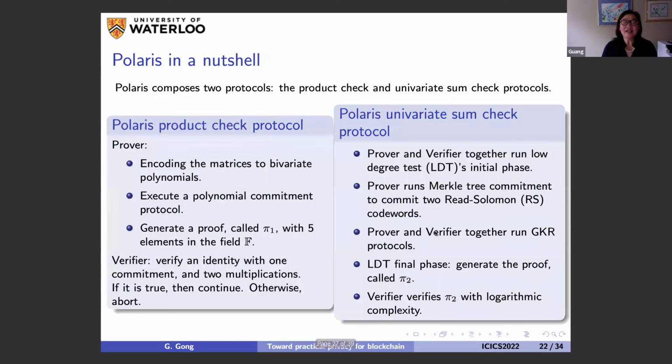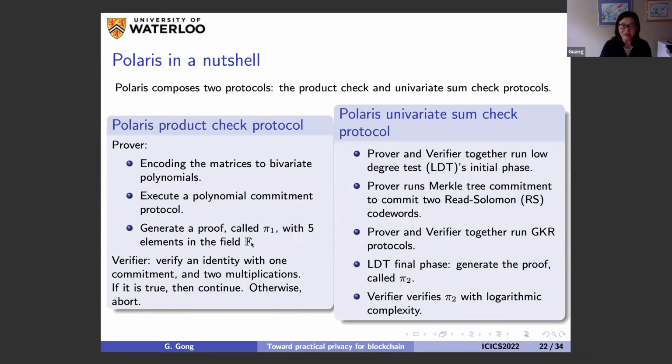Okay, so then what's our Polaris? For Polaris, basically we have two protocols. One we call the product check protocol, another is called the univariate sum check protocol. For the first protocol, we first encode the matrix into bivariate polynomials. For example, each row is one univariate polynomial, but all rows together then form the bivariate polynomial. Then we execute a polynomial commitment protocol, so we employ a polynomial commitment protocol.